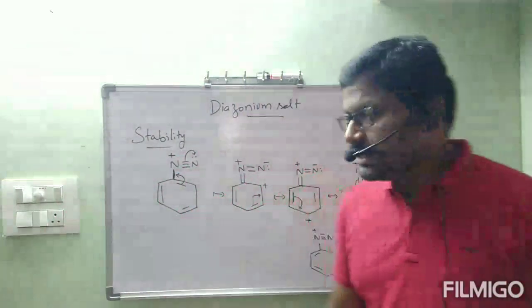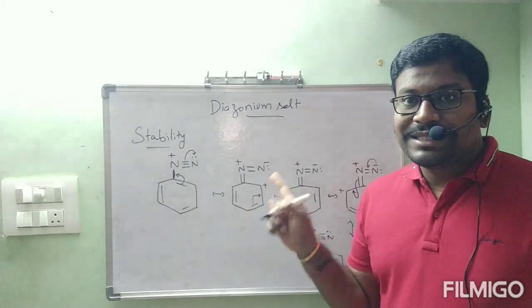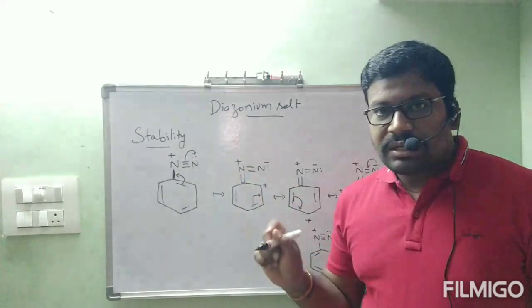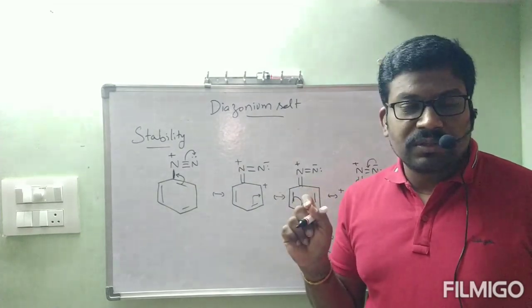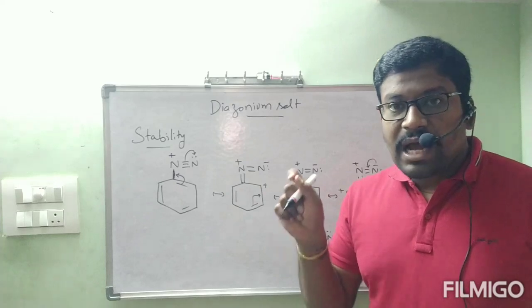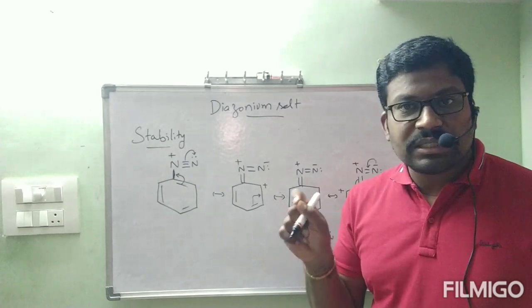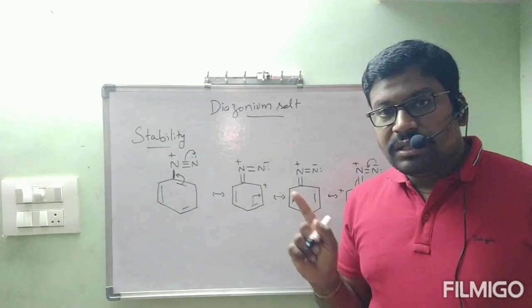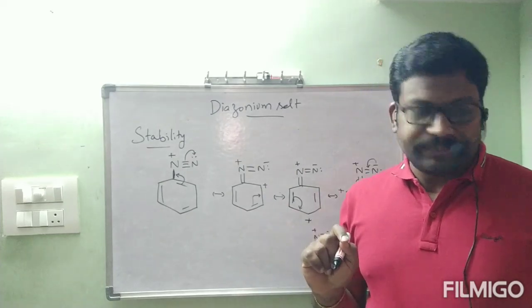Already we know that. But even though this one has so many resonance structures, this benzene diazonium salt contains N positive charge. Nitrogen is a highly electronegative atom. On a highly electronegative atom, generally positive charge is not stable. But this is stable at low temperature, like 0 degrees centigrade.